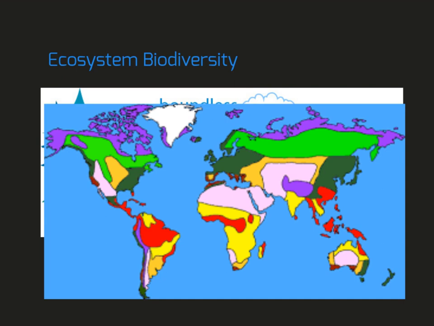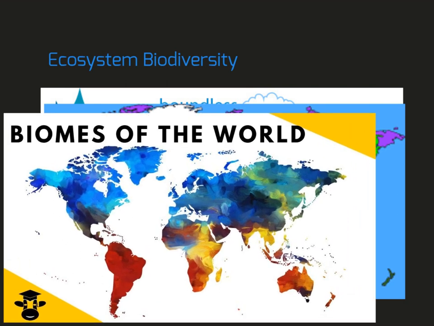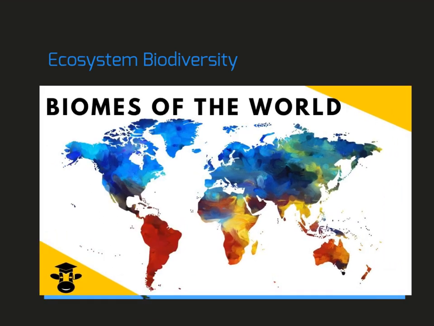A much better map is this one. If you take a look at this picture, you can see there's really no finite boundaries to the different types of ecosystems or the different biomes. So what you have in our area here, this light blue, you'll also see some of that over here in the Eastern Hemisphere.